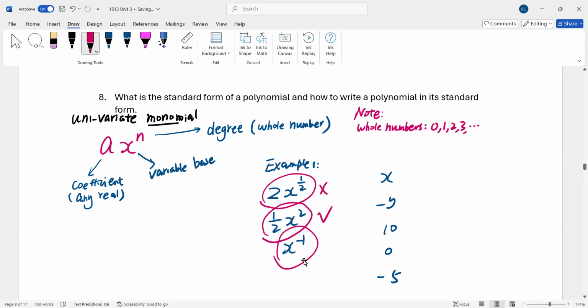Oh, so I have x to the power of 91. My question was, is this expression a monomial? I explained the definition for monomial. Anything that can be written in this form is a monomial.